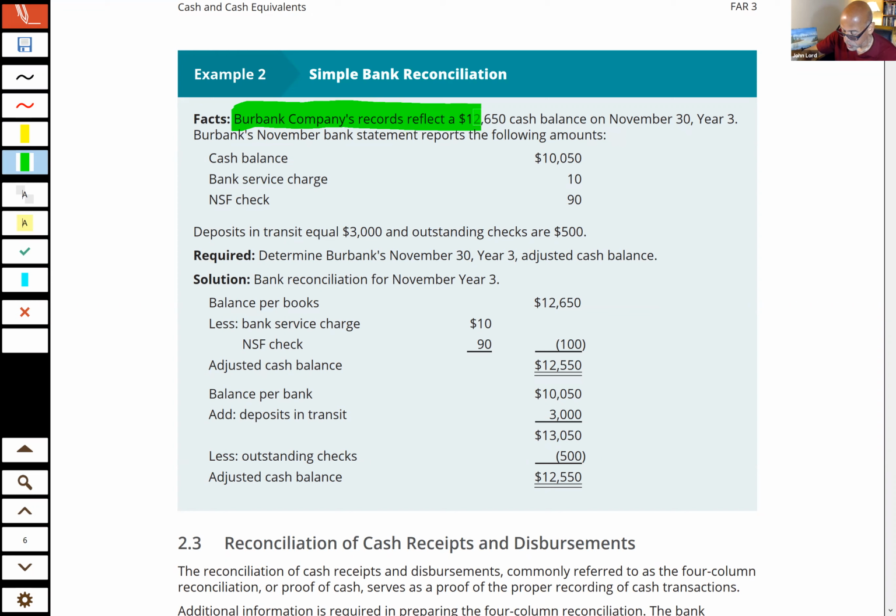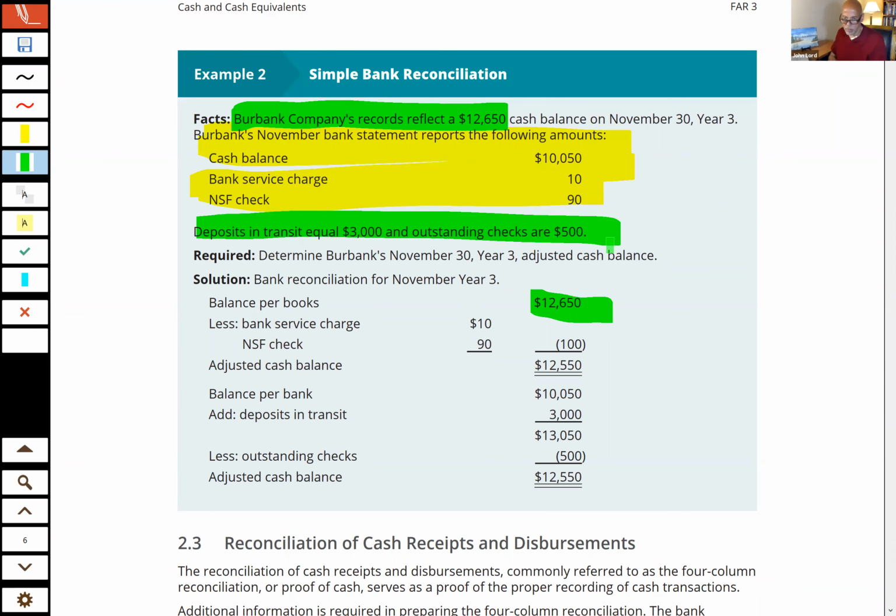So the company's records show a cash balance of $12,650. And the bank shows a cash balance of $10,050. The bank has a service charge and there was an NSF check. And then there are deposits in transit, which is something the company would know about that the bank doesn't.